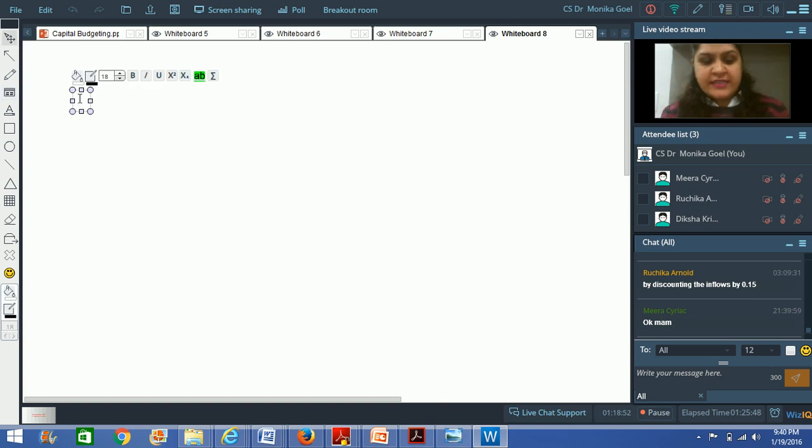Supposing you've got two projects. In one project, you're investing 100 rupees. And in the second project, you are investing, say, 60 rupees. Now, the first project is giving you, assuming, a cash inflow of 125 rupees.